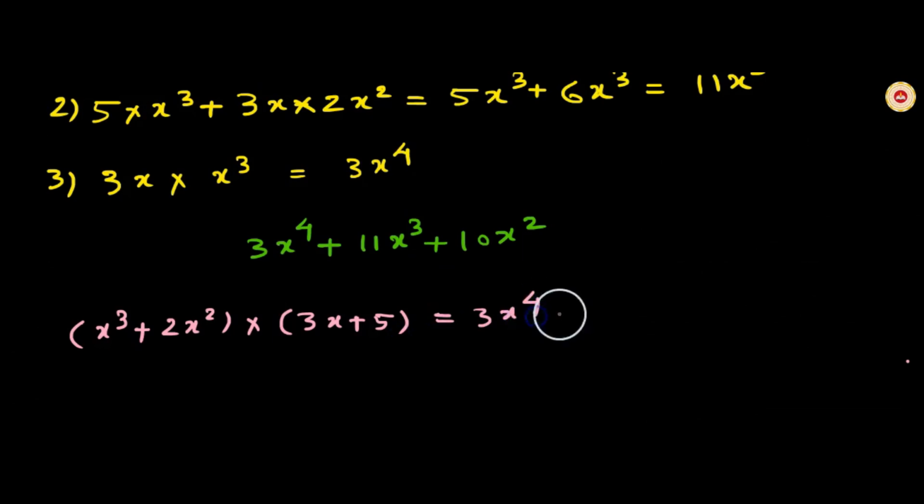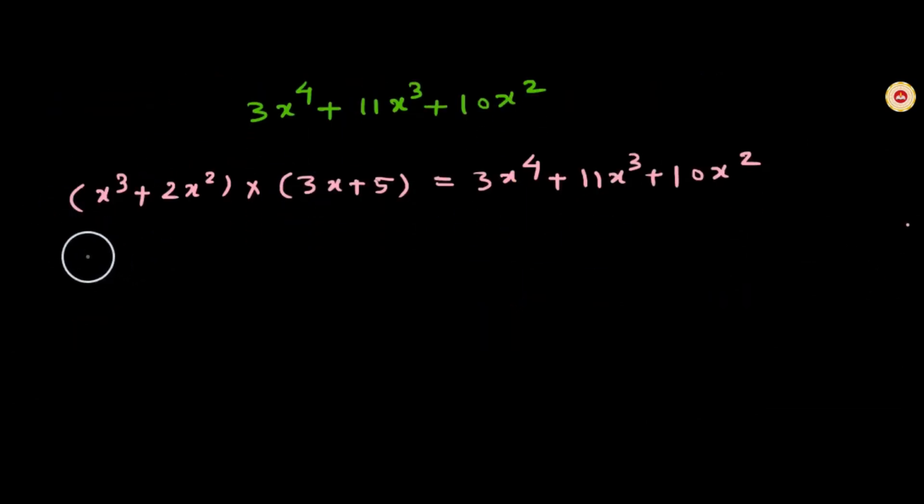3x to the power 4 plus 11x cube plus 10x squared. Okay, so let us calculate Bijanka. How to calculate Bijanka? Add numerical coefficients of these variables. So what is the coefficient of this x cube? 1. 1 plus 2.